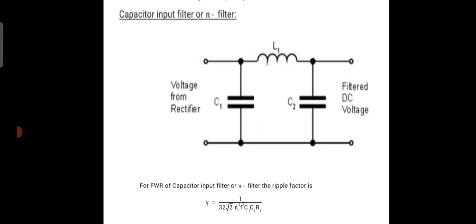Therefore, DC signals are allowed, but a very small amount of AC signal will manage to move further.